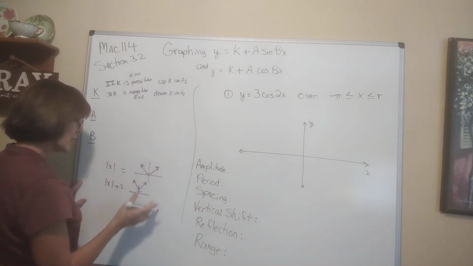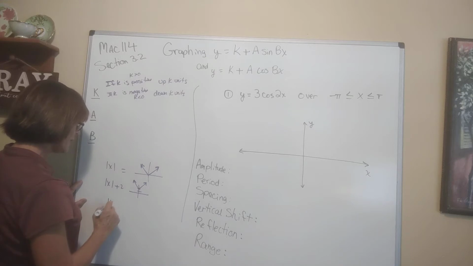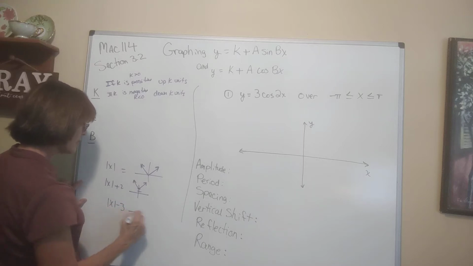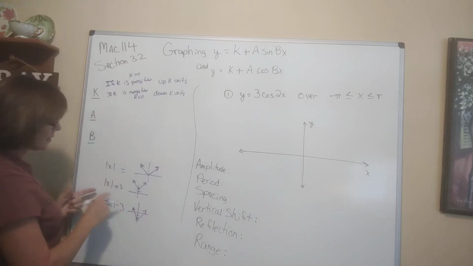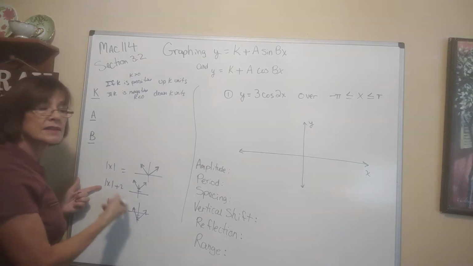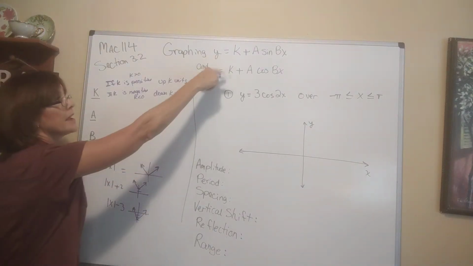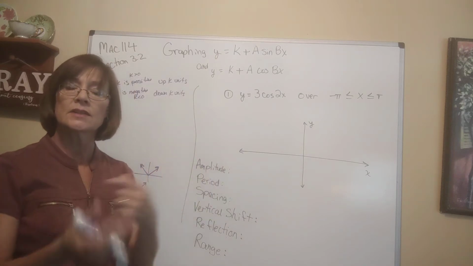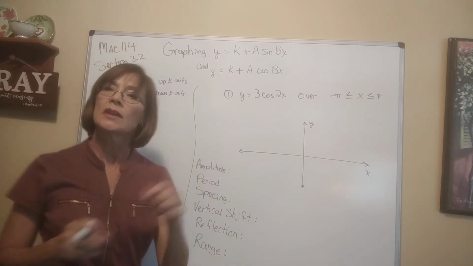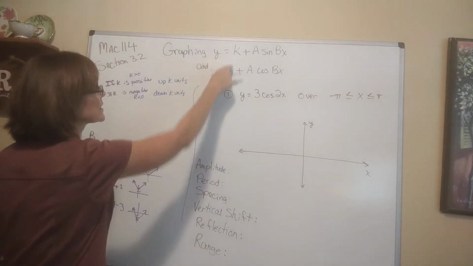But it didn't change the shape of the graph. Or if we have the absolute value of x and we shifted it down 3 units by minus 3, that would just go 1, 2, 3 down 3 units, and it doesn't change the shape of the graph. So this is what this k is doing. Lots of times they'll tack the k on this end of the equation, but they can also put it in the front because commutative for addition exists, and you can add something at the beginning or you can add something at the end. So that's what this k is doing.